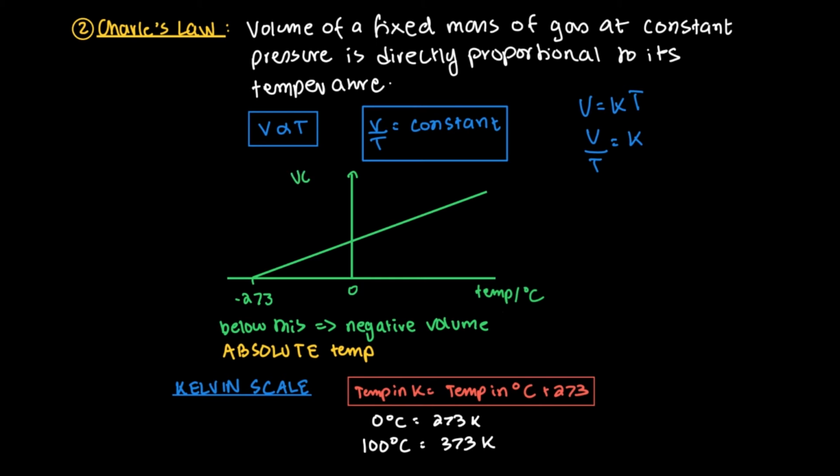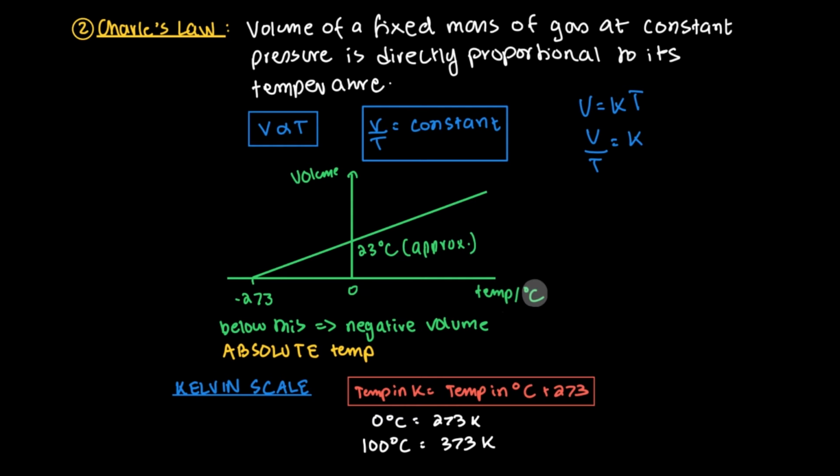The y-axis refers to volume. Now, if your temperature is in degrees Celsius, it's not going to pass directly through the origin. Over here, this value is going to be room temperature, approximately 23 degrees. This is just an approximation.